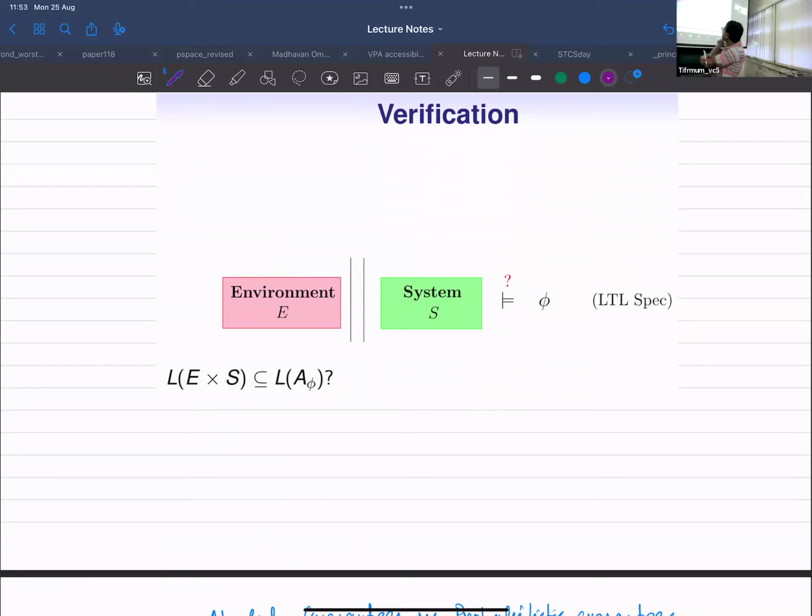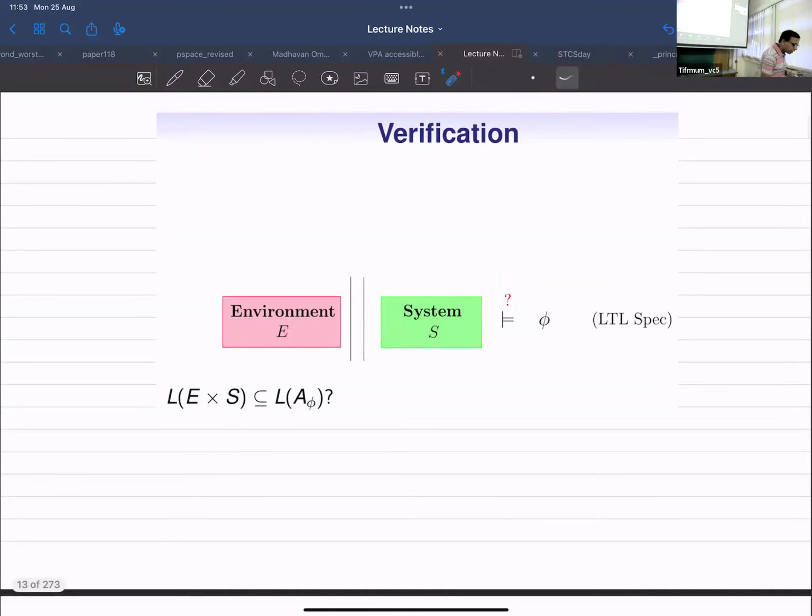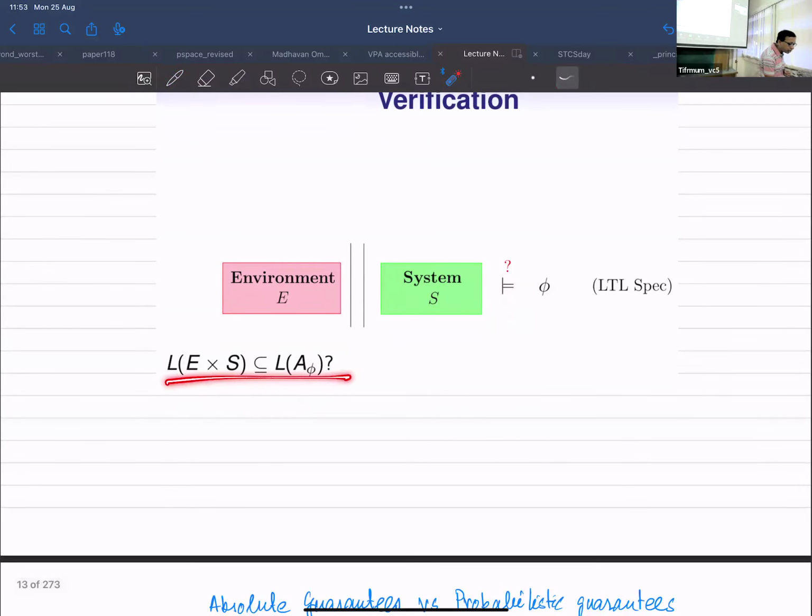Okay, so now when we have such an environment and a system, usually these are reactive systems. The environment and the system are executing together. The system is getting inputs from the environment and giving some output. We can think of this as a language which is a product of the environment and the system. The environment is acting and the system is responding.